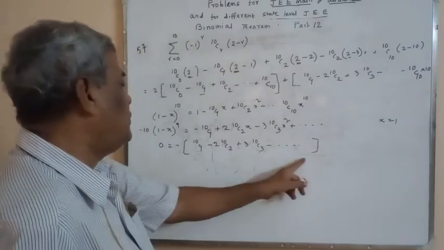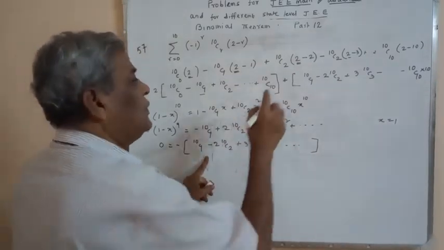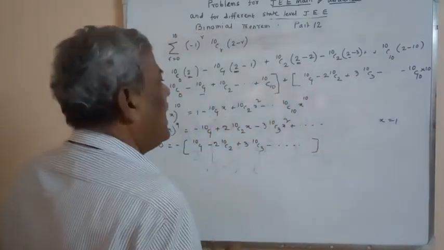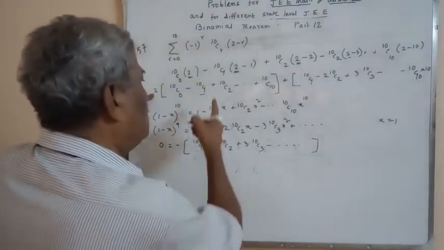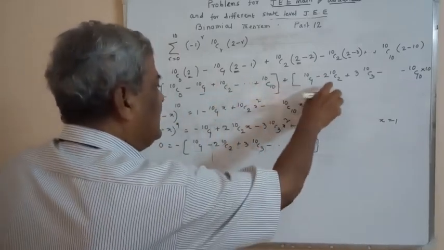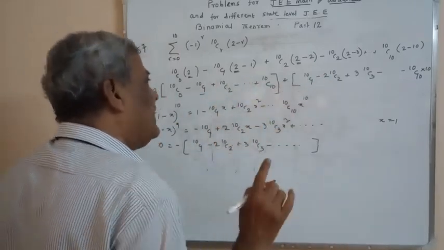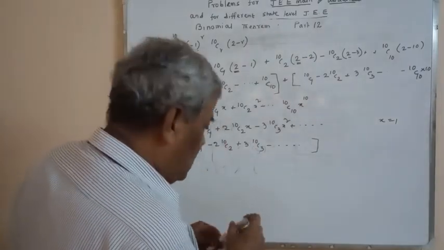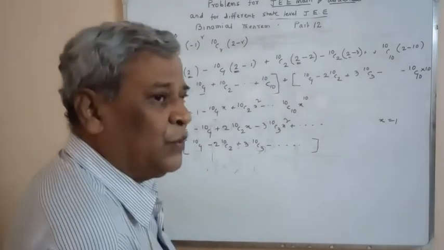So this value is again 0. This value is nothing but that. So our answer is 2 into this value, that is minus 2 into 0 plus this, again it is 0. So 0 plus 0 is equal to 0. So the answer is 0.